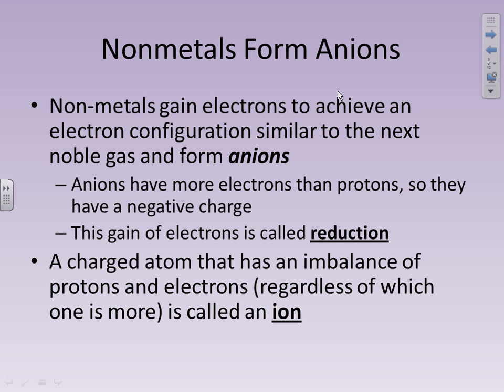Some ions are positive. Some ions are negative. How do we create a positive ion? Lose electrons. You don't gain protons, you lose electrons. How do we create a negative ion? Gain electrons. Just like in the last unit, protons don't move around. Electrons move around. Okay? All right, good there?